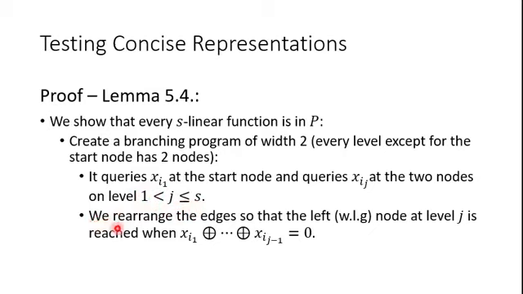And so we just rearrange the edges so that, without loss of generality, the left node at level j is reached when the XOR of all these variables leading up to j, not including j, equals 0. So this guarantees that we get to the 0 sink node if the XOR is 0.